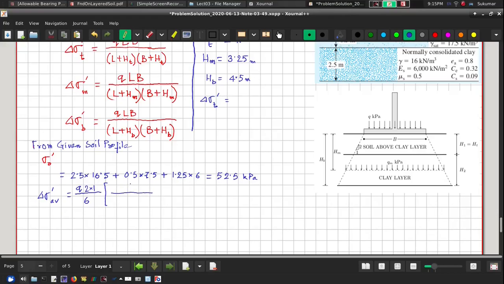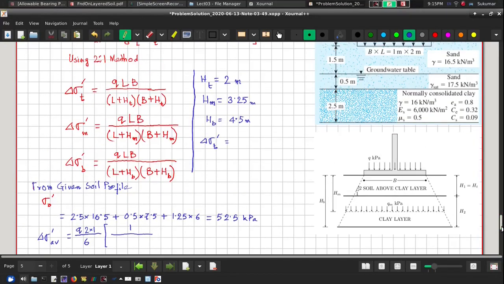I have 1 upon B plus HT. So B plus HT is 1 plus 2, into L plus HT. L plus HT is 2 plus 2, plus 4 times HM.